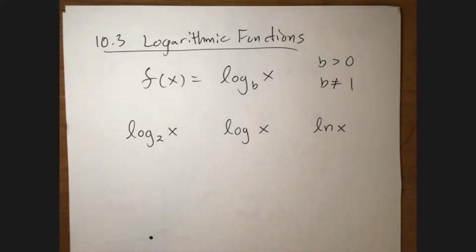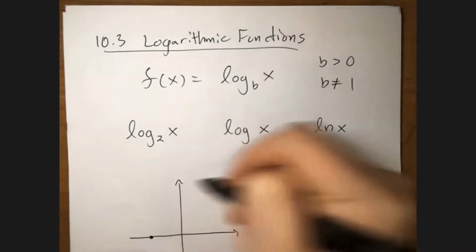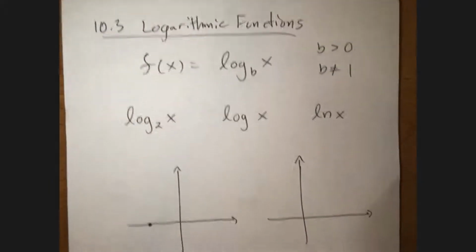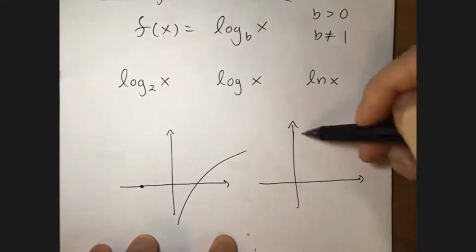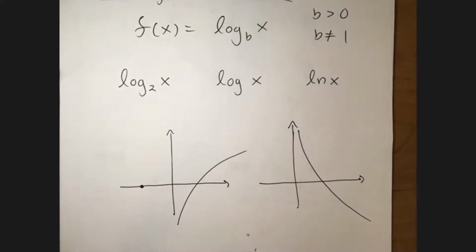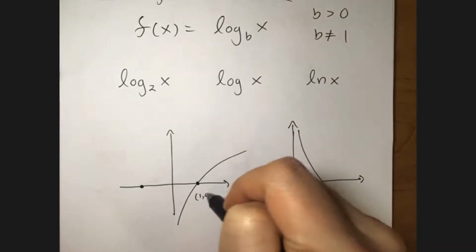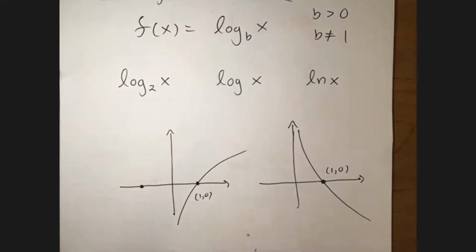Okay. And what do these look like if we were to draw their graphs? Well, their graphs come in 2 varieties as well. They will either look like this or like this. And they always cross at the point (1, 0). After all, the graph is just the graph of the exponential function turned sideways, because they're inverses, and that's what happens with inverse functions.